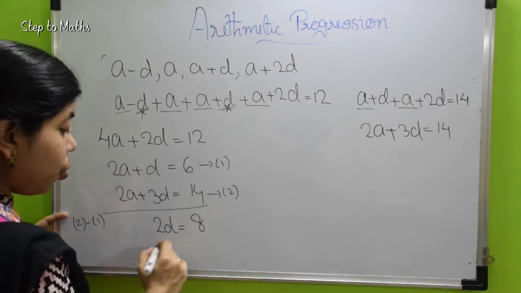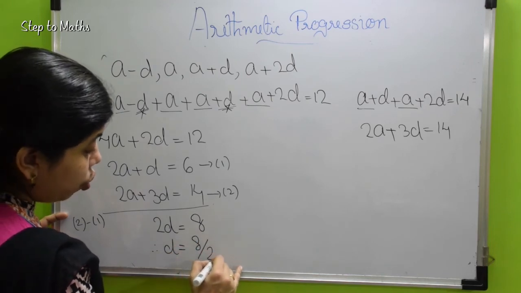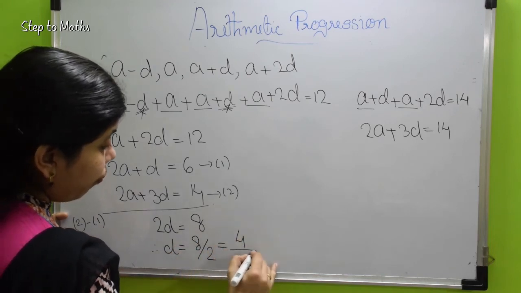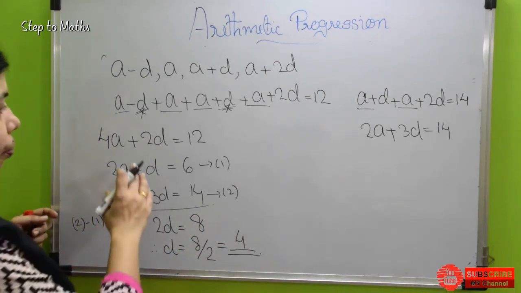So 2D is equal to 8, therefore the value of D is 8 upon 2, which is 4.